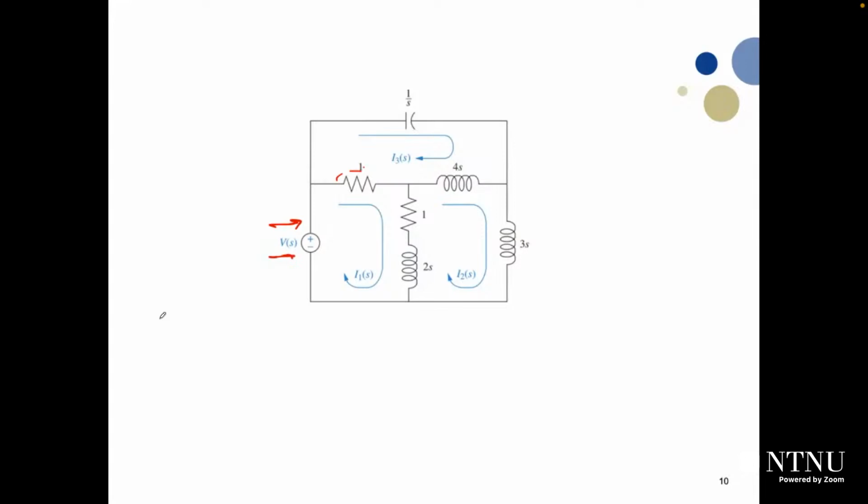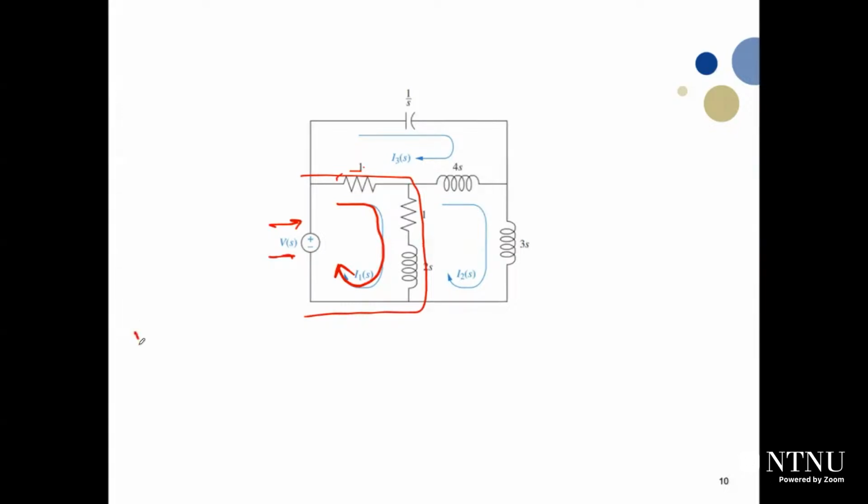This is resistor. This is your loop. Forget about all other loops, right? So now we need to write the equation of the voltage around this loop. So we can start with the input. V of S. Yes.